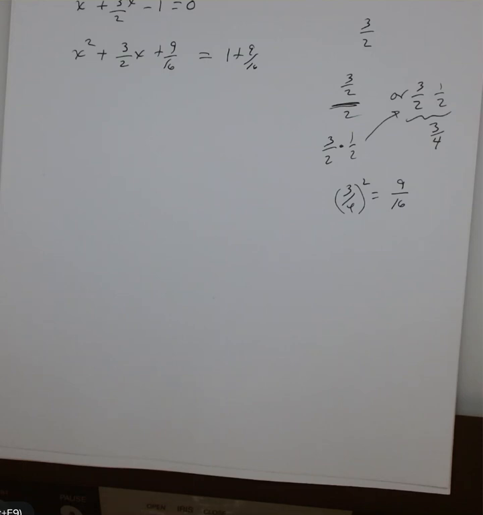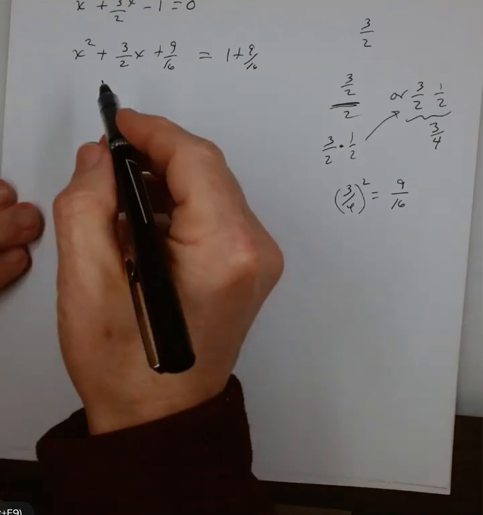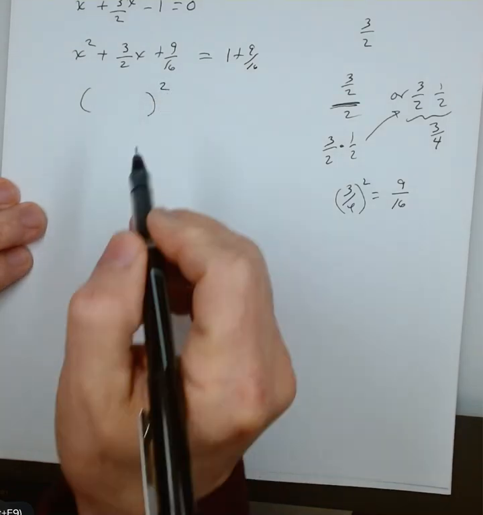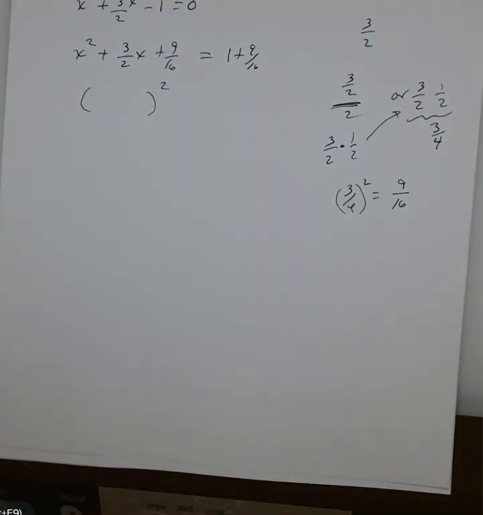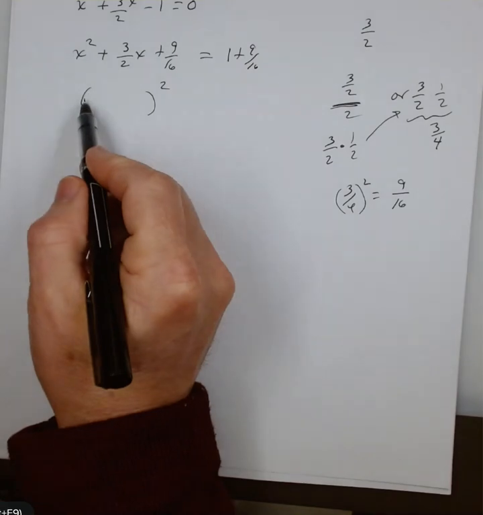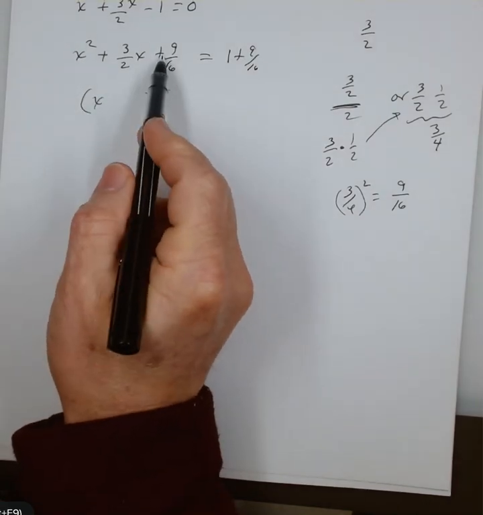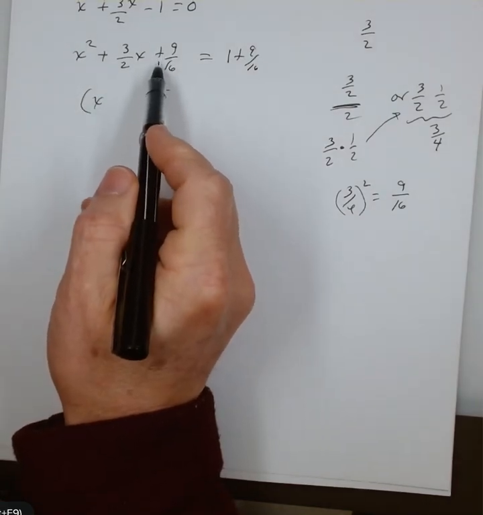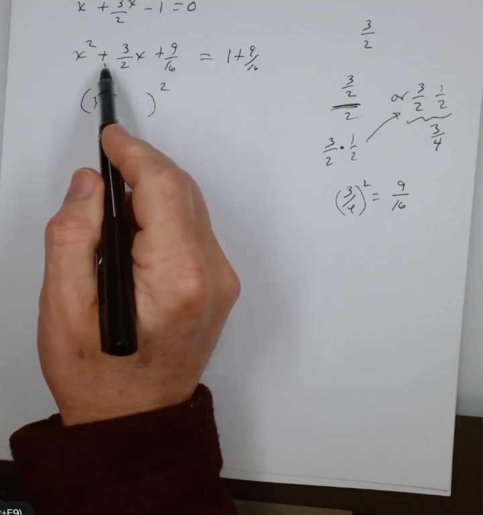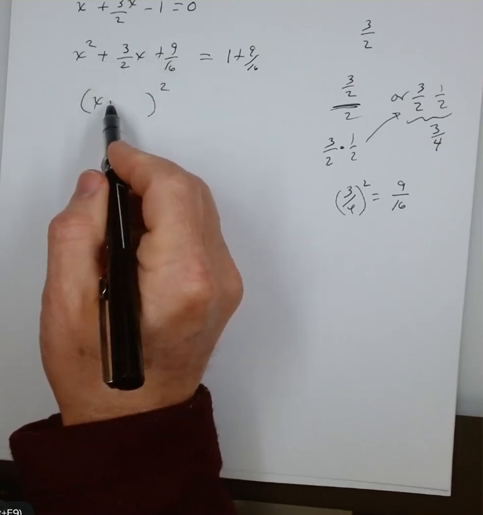The left side is now easy. If you did all this correctly, the left side is now a perfect square trinomial. So, which means that when I factor it as a binomial squared, and think about what we just said earlier, what's going to be that first term right here? X. And the last sign's positive, so you have to take that middle sign. So it'll be x minus or x plus?